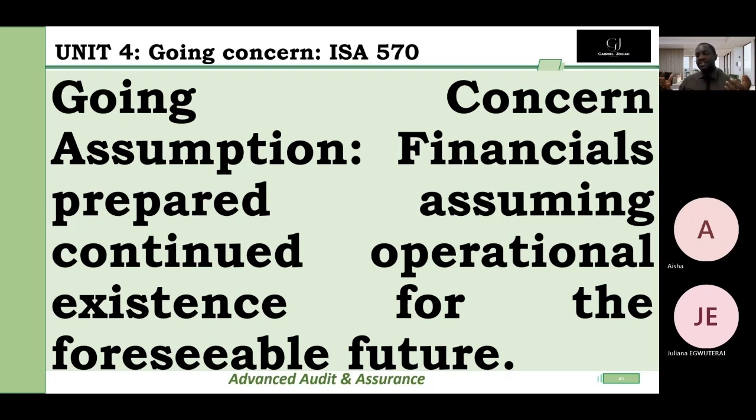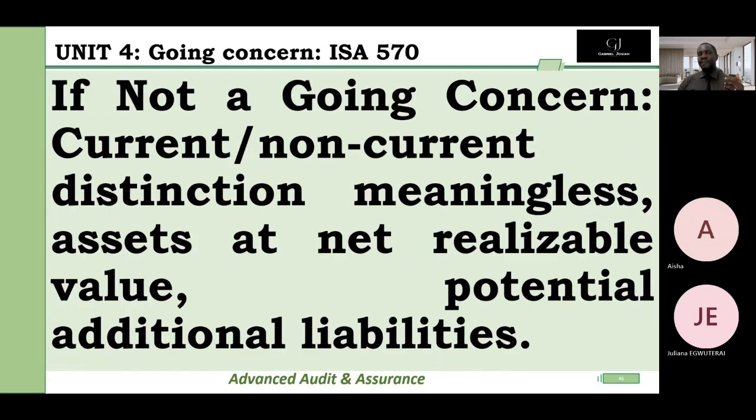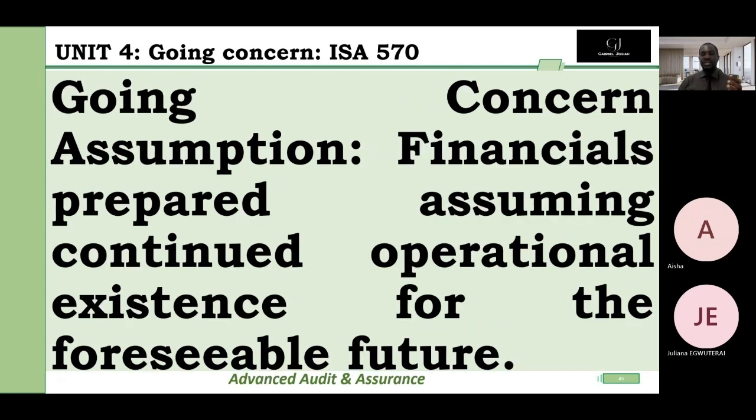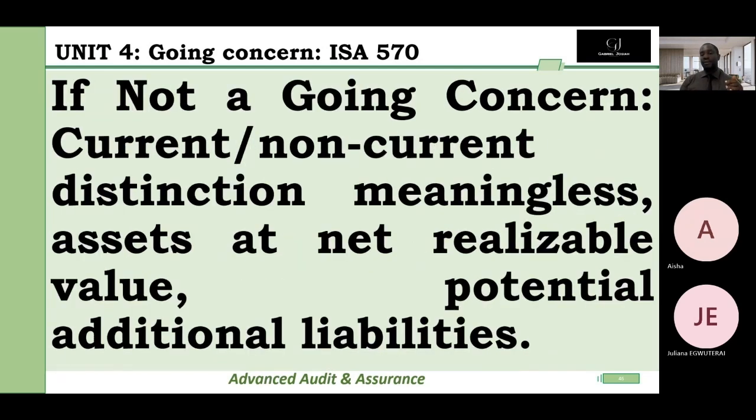So the financial statements are prepared based on this assumption that continued operation is in existence for the foreseeable future. So if not a going concern, the current or non-current distinction is meaningless, and assets at net realizable value and potential additional liabilities could be the issue confronting the company.